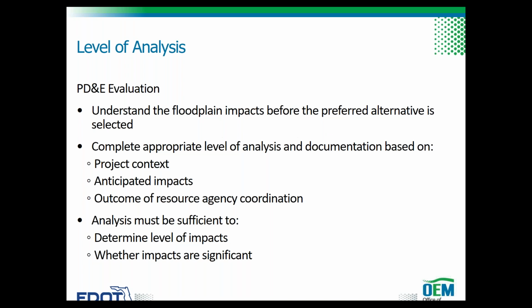The project manager should make a preliminary determination of the level of floodplain encroachment and the types of documentation necessary for the location hydraulics report based on the field review, ETDM screening results, and consultation with the district drainage engineer. Where floodplain impacts will occur, the analysis must be sufficient to determine the level of impacts and whether they will be significant. The analysis will be documented in the location hydraulics report.